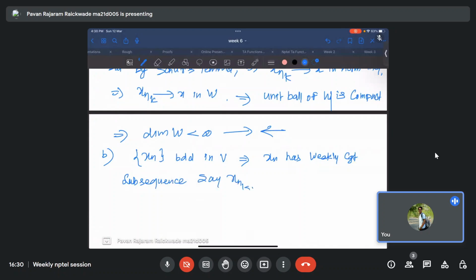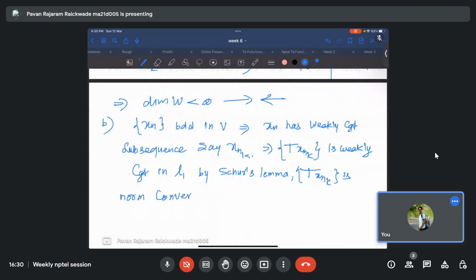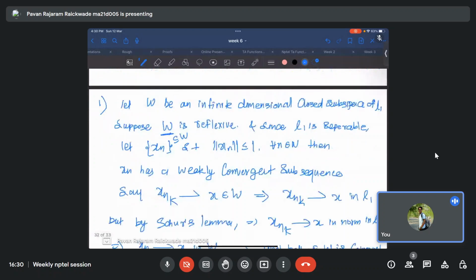Which implies Txnk is weakly convergent in L1, but by Schur's lemma again, Txnk is norm convergent. That's what we wanted. Then the sequence Txn has a convergent subsequence in L1. Yeah, that's true.